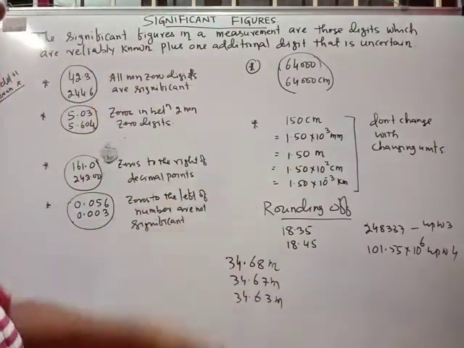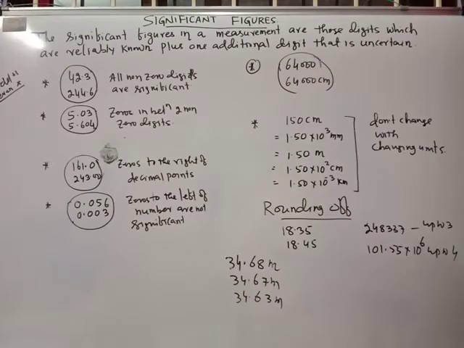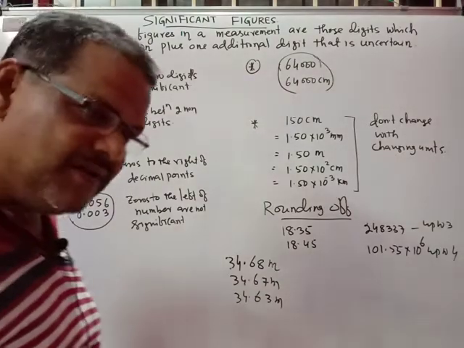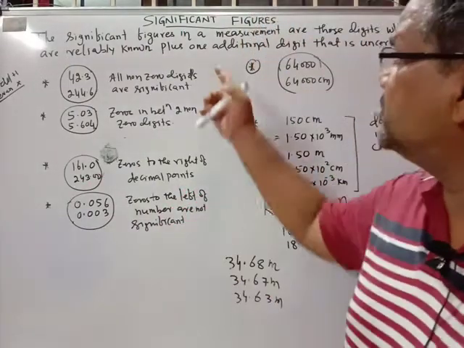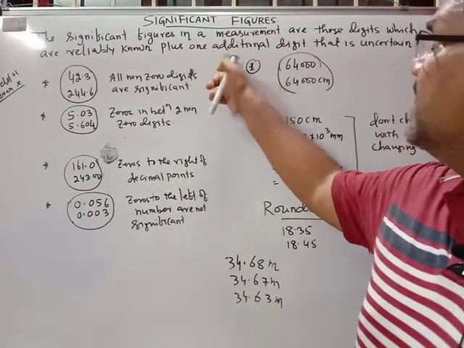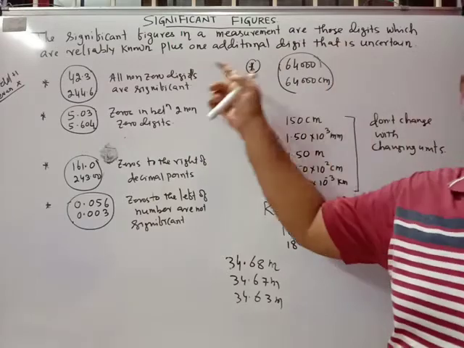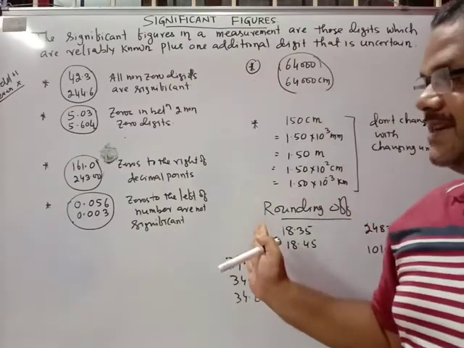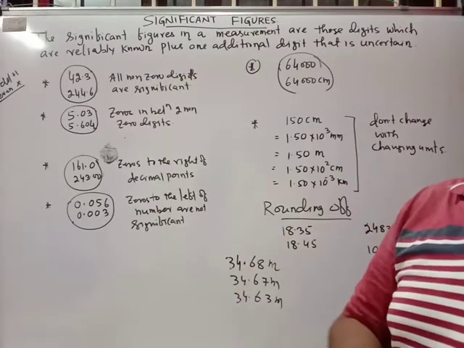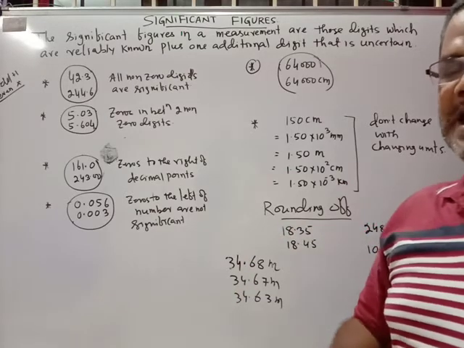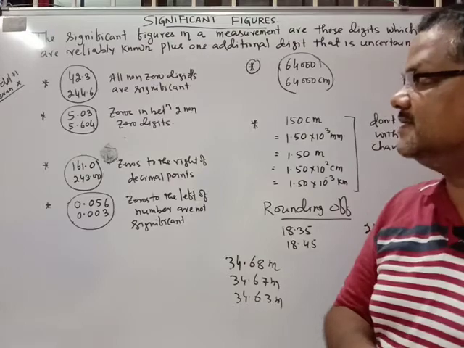The significant figures in a measurement are those digits which are reliably known, plus one last digit that is uncertain. All these digits are called the significant figures.